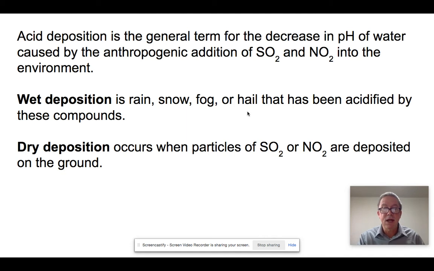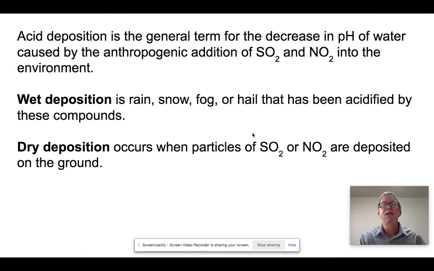But it has a higher hydrogen ion concentration, so it has a lower pH. Right? We call that wet deposition. Basically, the SO2 and NO2 have already interacted, forming nitric acid and sulfuric acid in the water that is being deposited on the ground.